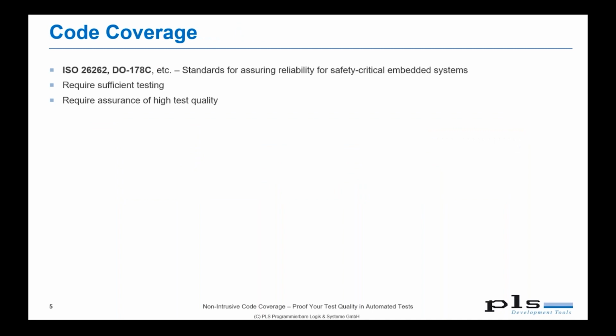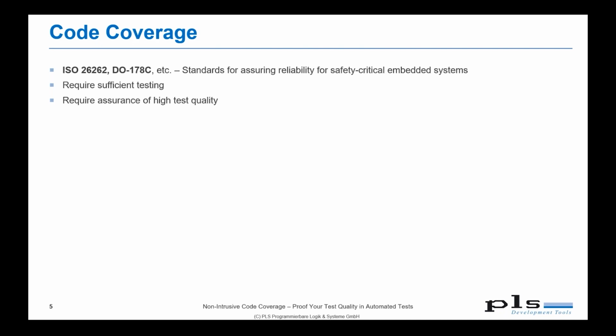So now I'd like to start with the actual topics for today, with the code coverage in UDE. You may know that a test of your software is not sufficient, especially in the field of safety critical applications.